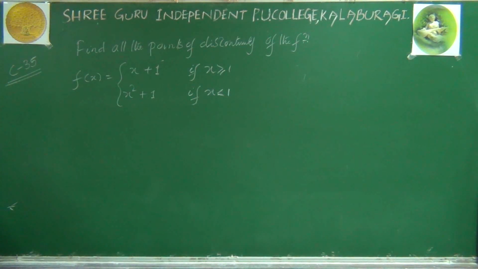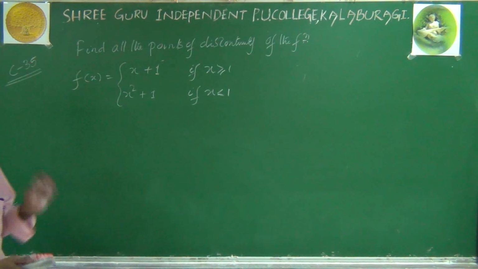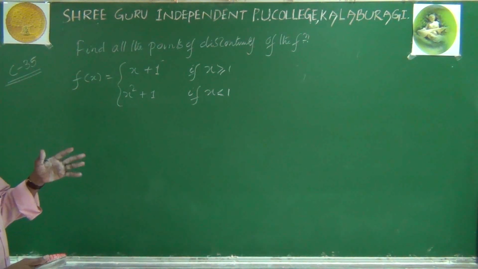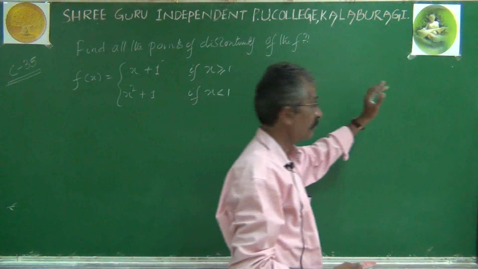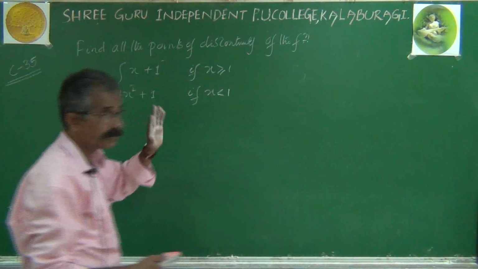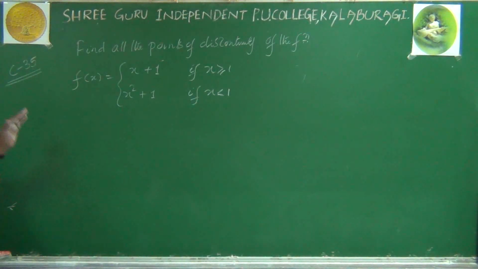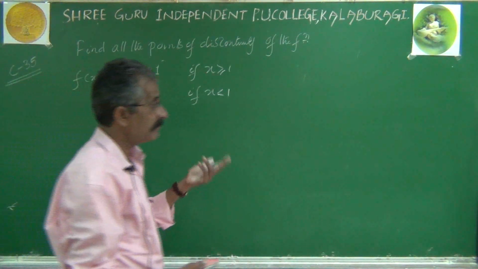Please understand, the question is not like this: find or discuss the continuity of the function at x equal to a specified point. It's not like that. The question is that you have to find all the possible points of discontinuity or continuity, that is, for each and every value of x.